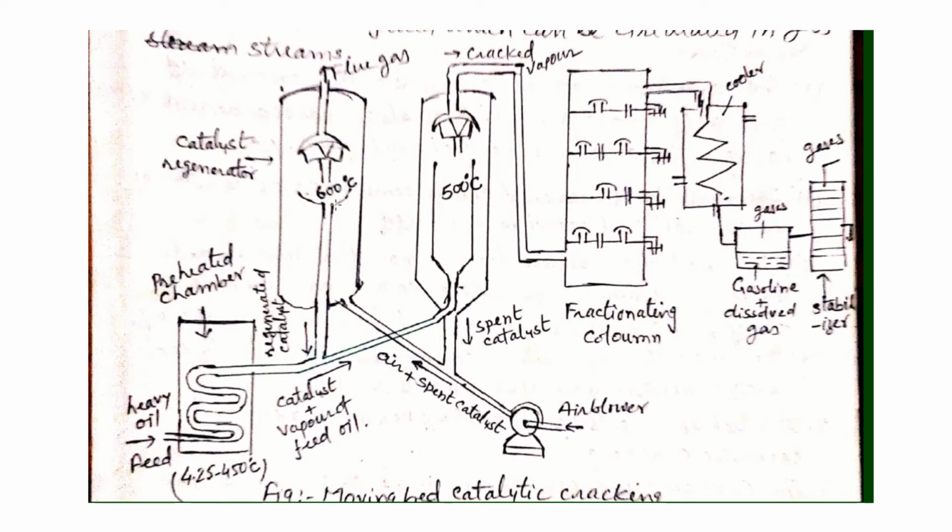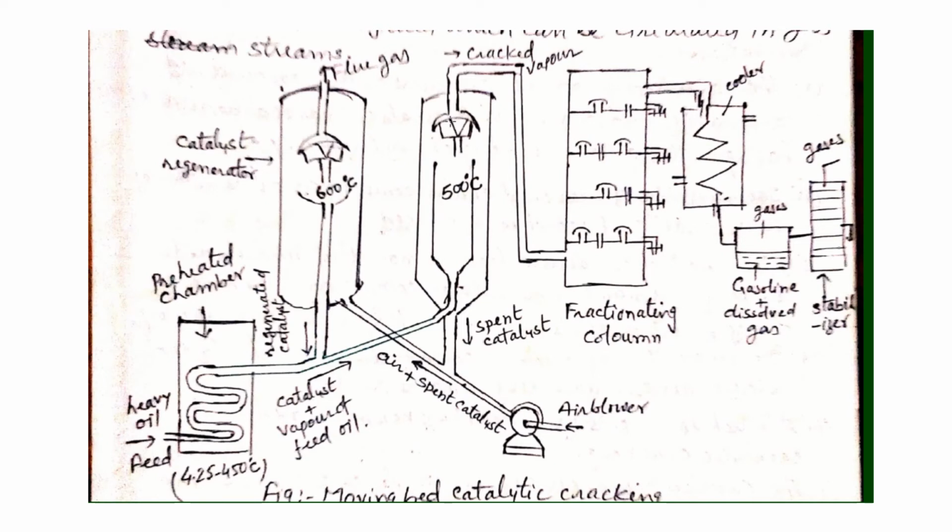Here the temperature is 600 degrees, much higher than the catalytic chamber, and air also passes in, so the deposited carbon burns, and the flue gases come out through this hopper, and the catalyst regenerates and settles down here, and again it comes to this outlet of the preheating chamber, and again reaches the second chamber.